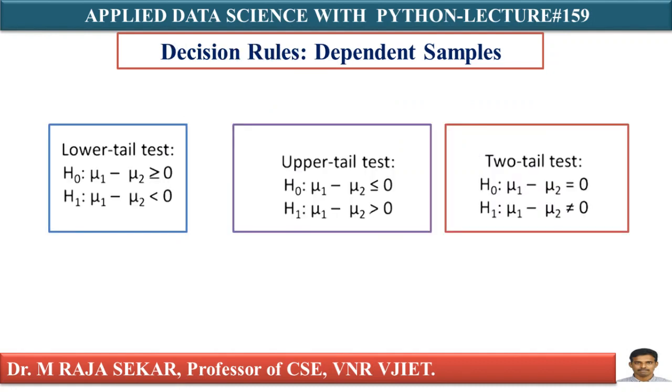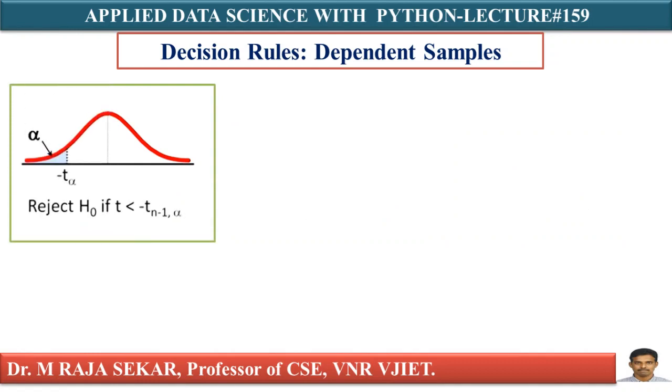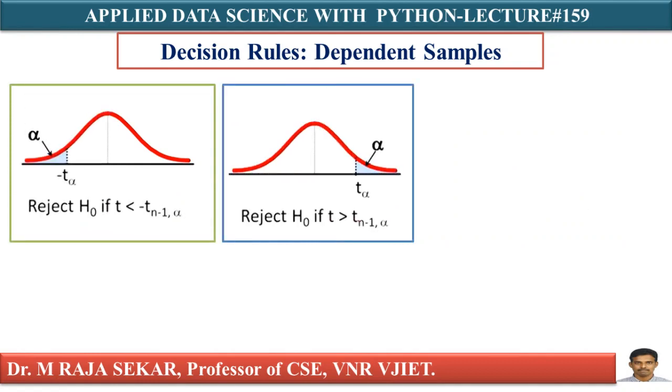Here also we have three tests. The first one is the left tail test. The reason is the sign in the alternative hypothesis. This is the left tail test, this is the right tail test, and this one is the two-tailed test. Just see the dependent sample decision rules. Reject H naught if t is less than minus t with n minus 1, alpha.